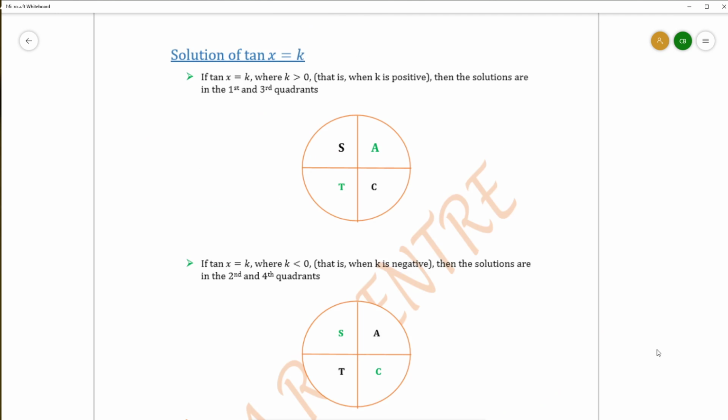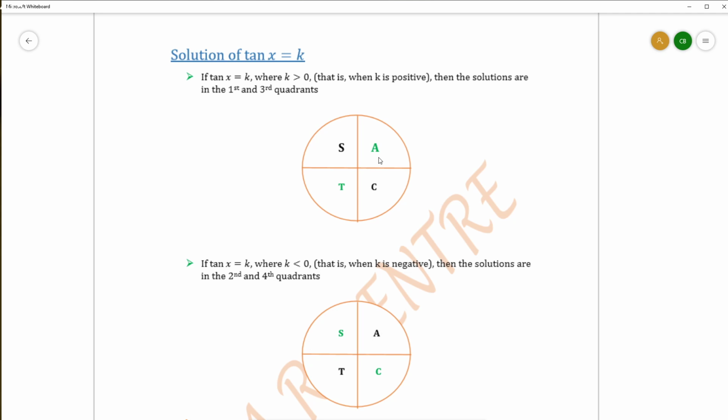Now we are going to look at our third trig function, tan x equal k. So just as the other two before, we have two cases where k could be a positive number or a negative number. So if tan x equal k, where k is a positive number, then our solutions would be in the quadrants where tan is positive.